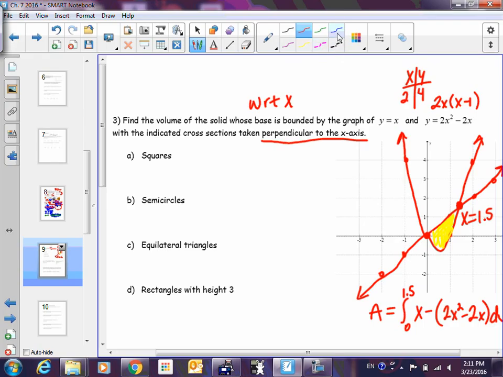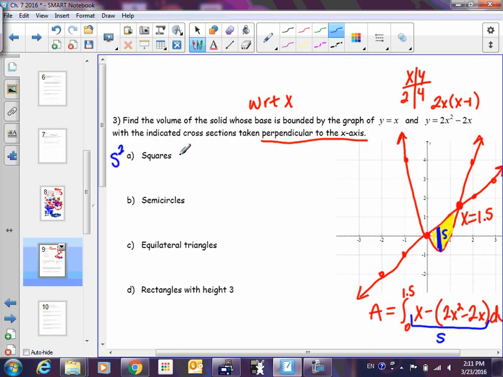I'm bringing this up because when we start doing this volume, all right, instead of like a skinny little rectangle, what we're going to do is consider this to be S. All right, where you have basically a square that's protruding out of the paper. Okay, that's the 3-dimensional part. So what is the formula for area of a square again? Is the easy one. S squared.